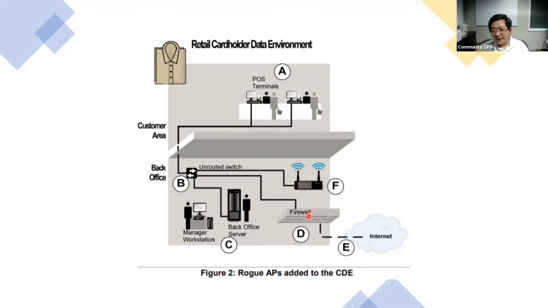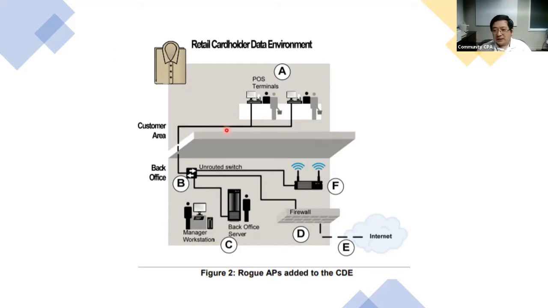Maybe the router and the access point are in one device. If you put it like this, everyone, not only your staff but the client, you give the Wi-Fi name and the password.